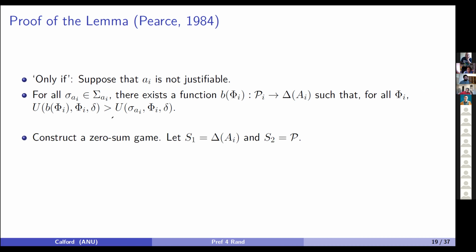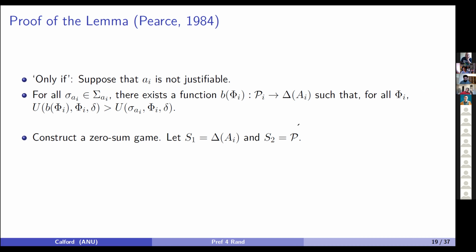Okay. Now we're going to construct a zero-sum game. Okay. And the way to think about this zero-sum game is that the player in question, player I here, is going to be picking one of their strategies. And we're going to construct them playing a zero-sum game against player 2, who picks their belief. Okay? So constructing a game where I pick a strategy and you pick the belief that I must hold. Okay?